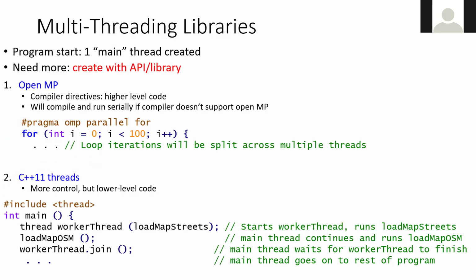Something that gives you more control is the C++11 threads library. With this, you will have to do manual creation of threads. You will have to know which function you are multi-threading, and where your threads should be joining.